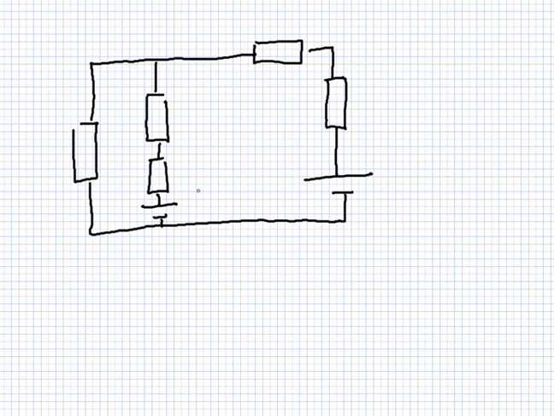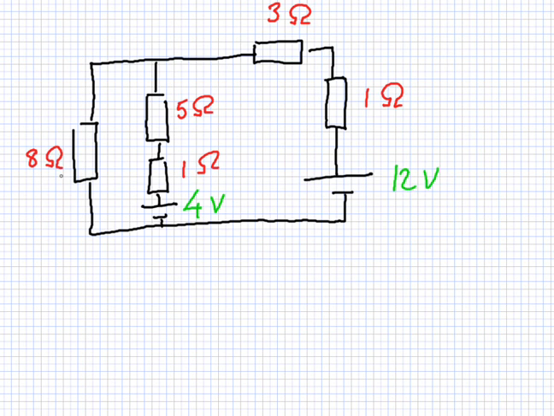And the batteries are 4 volts and 12 volts, and the resistors are 1 ohm, 3 ohms, 5 ohms, 1 ohm, 8. So the question is: calculate the current, find the energy delivered by each battery, and find the energy delivered to each resistor.